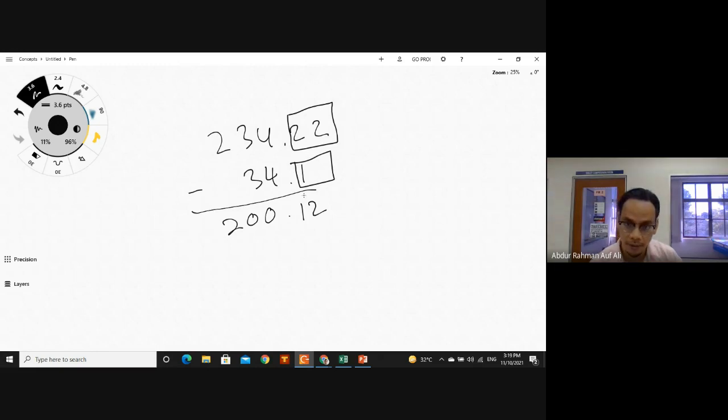So our final answer, the set of rule telah tetapkan kita pilih yang mana nilainya lebih rendah. So our final answer should have only one significant figure dalam titik perpuluhannya. So kamu kena bundarkan this one to one significant figure only dalam titik perpuluhannya. So satu ni tengok sebelah dia adalah 2. So that's why final answer should be 200.1.